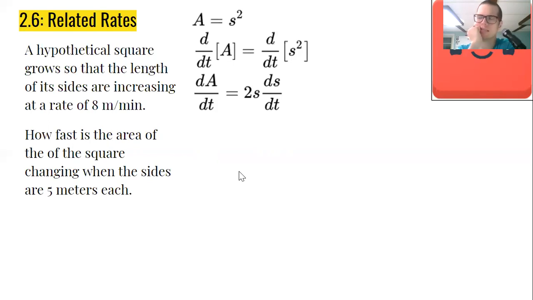Because we know ds/dt is constant, but is dA/dt constant? It's positive. Is it going to get more positive, less positive? Is it going to change over time? And after you think about it, you can verify by plugging in a couple different side lengths.